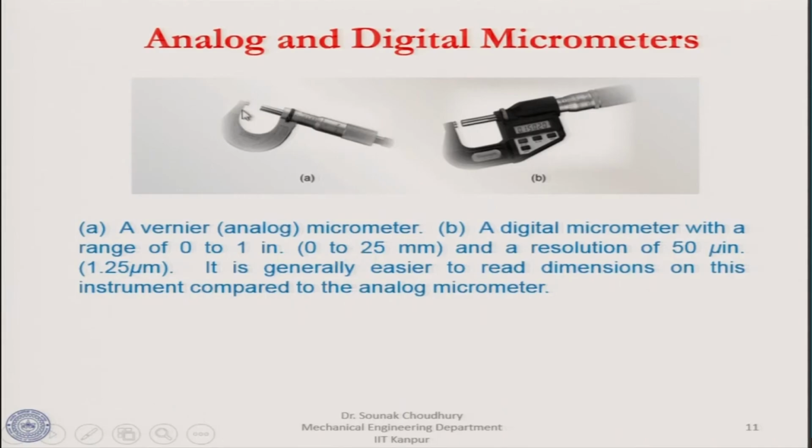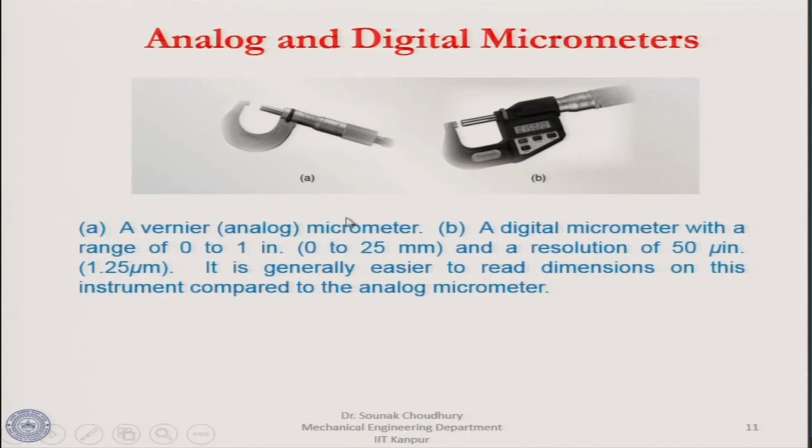So, this is an analog micrometer because you have to read from the scale, and this is the digital one, where whatever you are reading will be displayed on the display. That is the difference. So, the analog micrometer here with the vernier, and the digital micrometer with a range of, let us say, 0 to 25 millimeter. Within that you can find out the diameter.